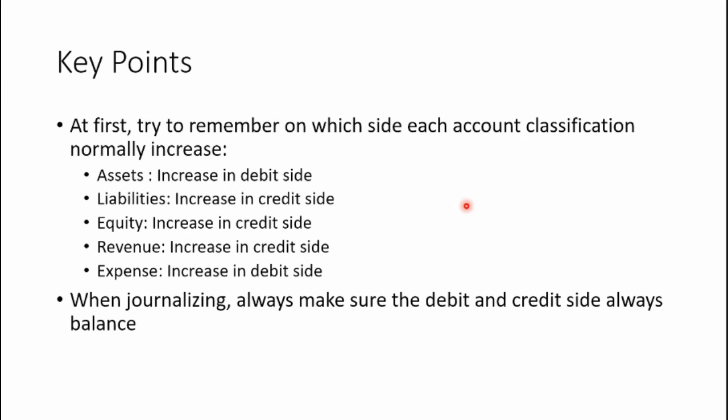That's what I mean. So asset increases in debit side, liability increases in credit side, equity increases in credit side, revenue increases in credit side, expense increases in debit side.